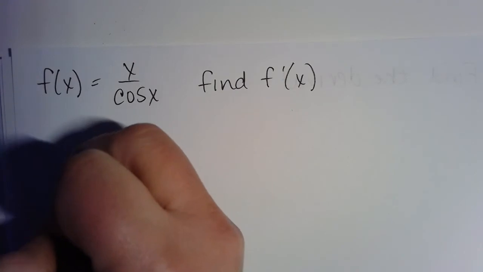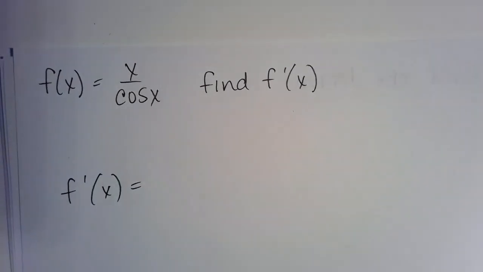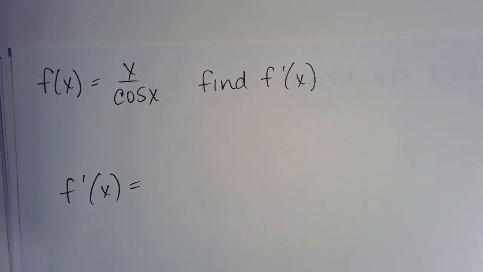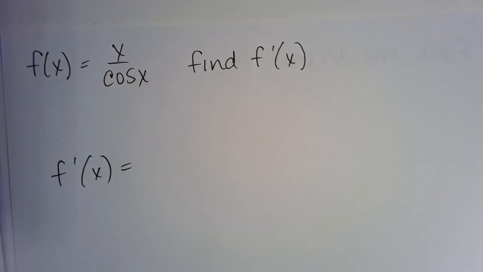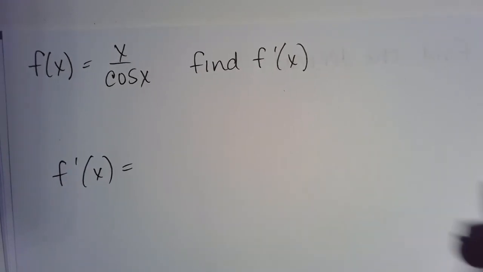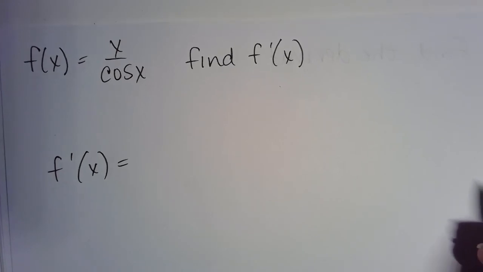I just want to do an example or so of ones that have cosine, and we need a rule. So we have x over cosine of x, which means I need to use the quotient rule.